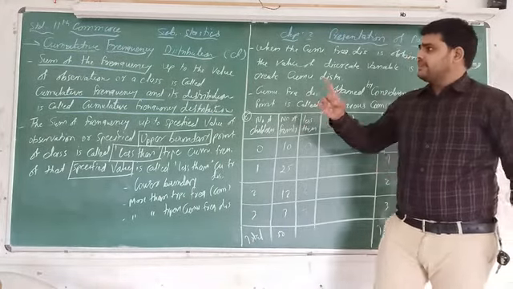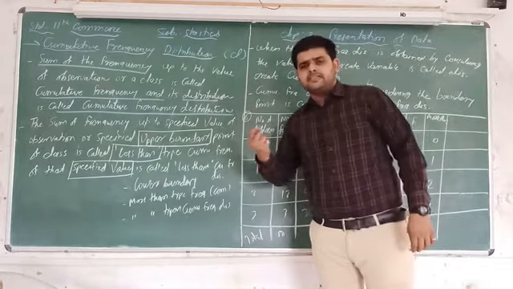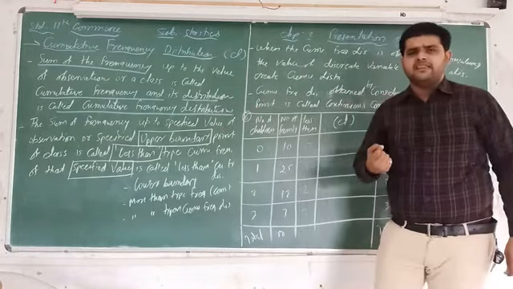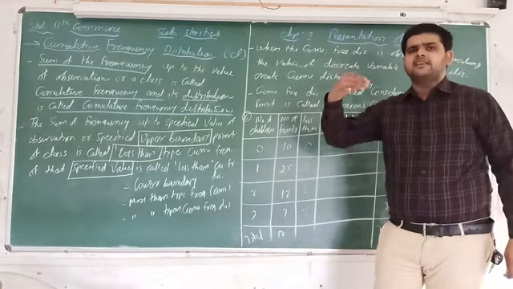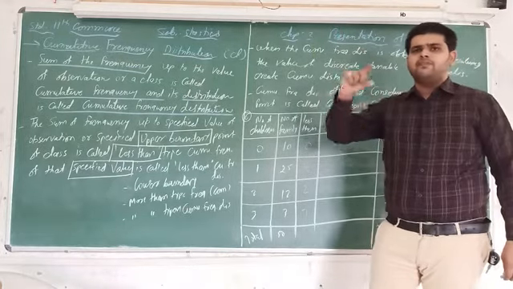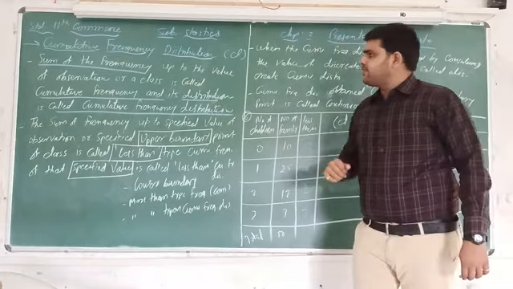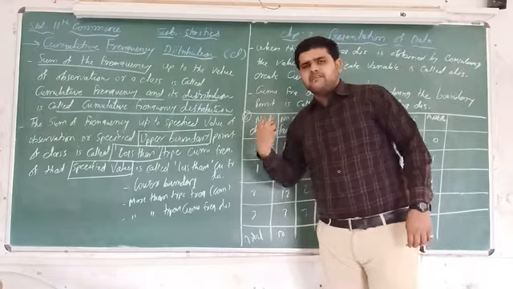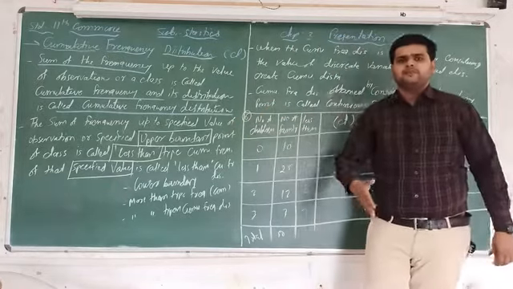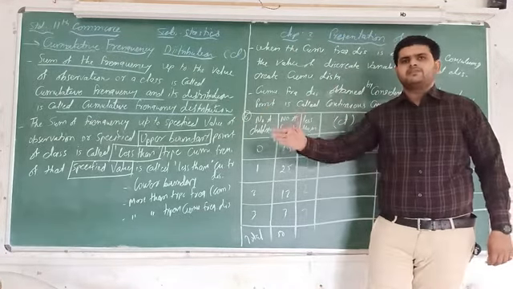Sum of frequency means that whatever frequencies are given in the example, we have to add them up to our level, up to our observation. That is called cumulative frequency, and the distribution of that frequency is called cumulative frequency distribution.